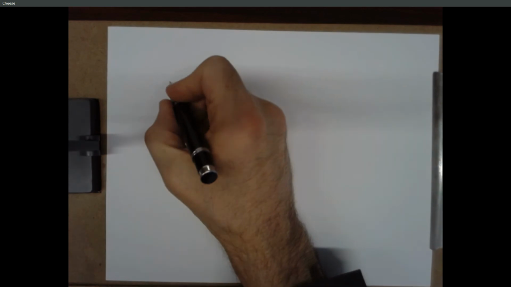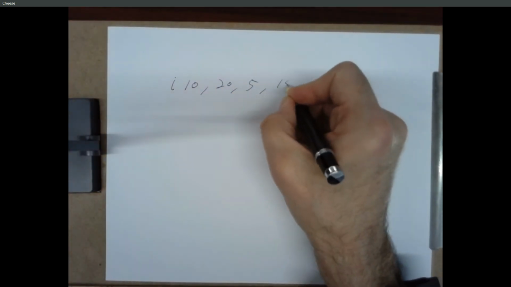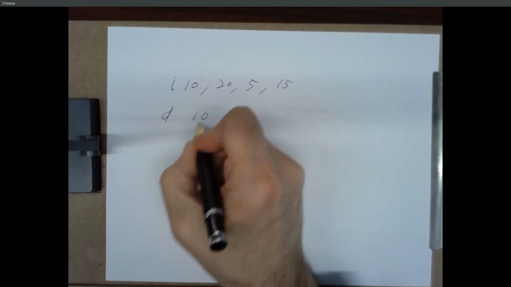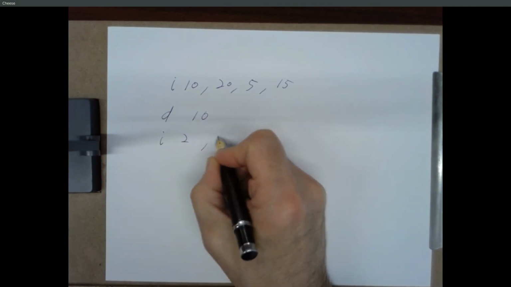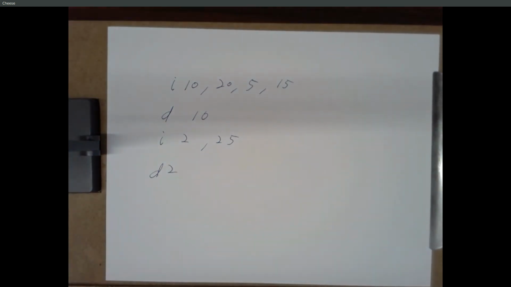So I'd like you to insert a 10 and a 20 and a 5 and a 15, and then delete a 10, insert a 2, insert a 25, and then delete a 2. So do those 4 inserts, delete a 10, do 2 more inserts, delete a 2.